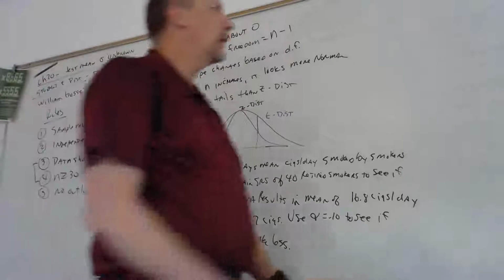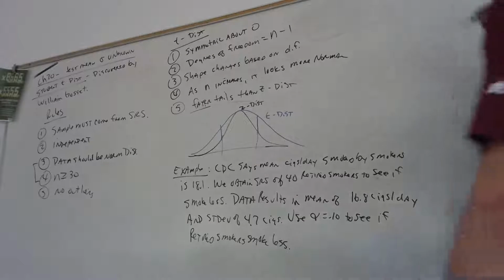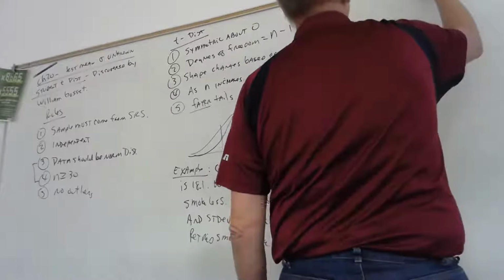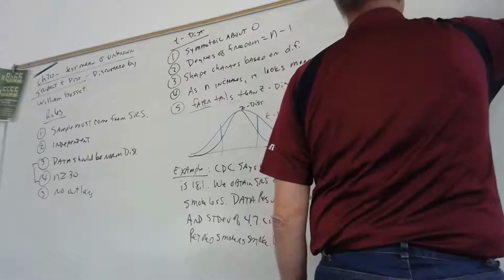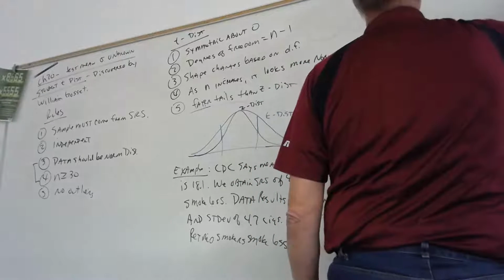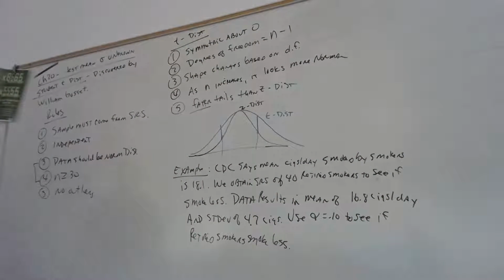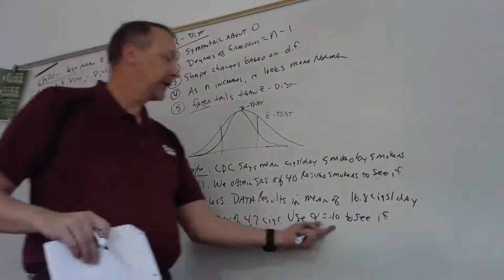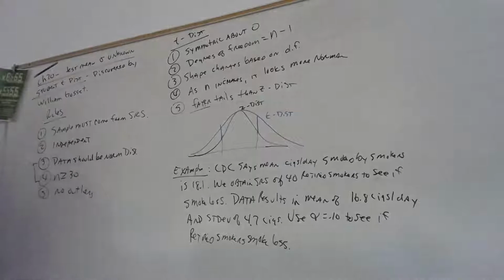All right, so Cassidy, what's the first step? List all important numbers. Use alpha equals 0.10 to see if retired smokers smoke less.